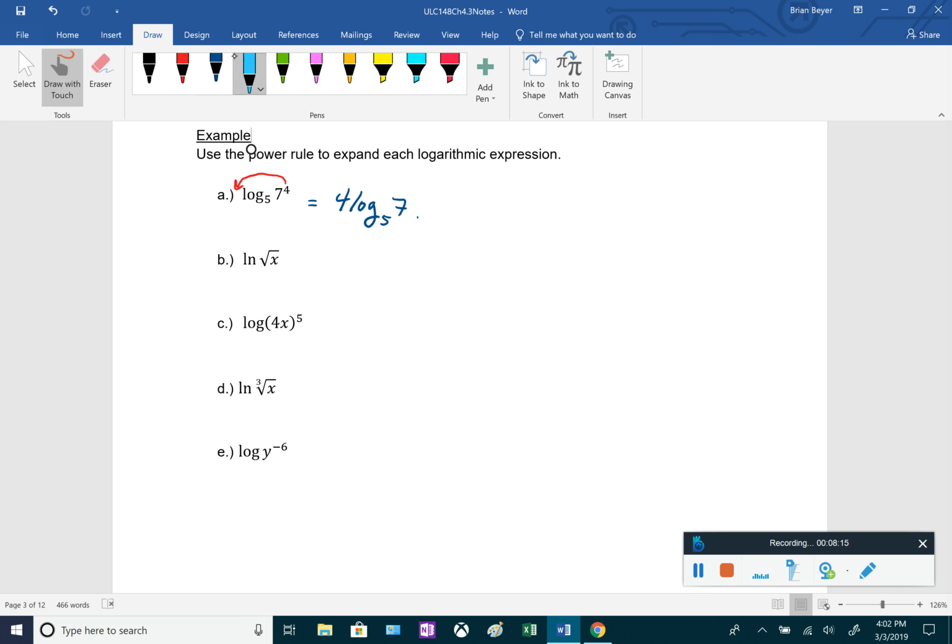Next one, we have ln of the square root of x. Oops. So we actually have to rewrite this as ln of x to the 1/2. So hopefully we remember that the square root is just an exponent, and it's an exponent of 1/2. So once we have that, we're going to bring down that 1/2. So it's going to be 1/2 times the ln of x.